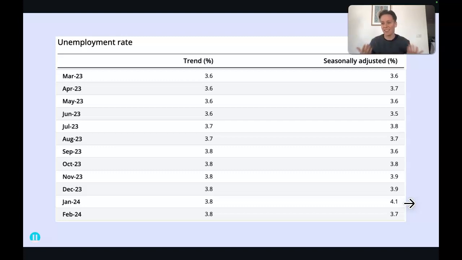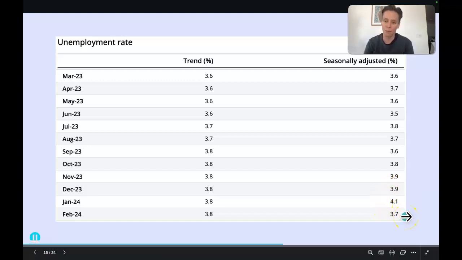So if I said to you, are we currently achieving our goal? Well, we can only say, no, we're not currently achieving our goal, because if we were, that number would be much closer to 4.5%. And you can see throughout the last 12 months, it creeps up a little bit. It gets to 3.89. In January 24, it sneaks over 4% to 4.1, and then it drops back down to 3.7%.